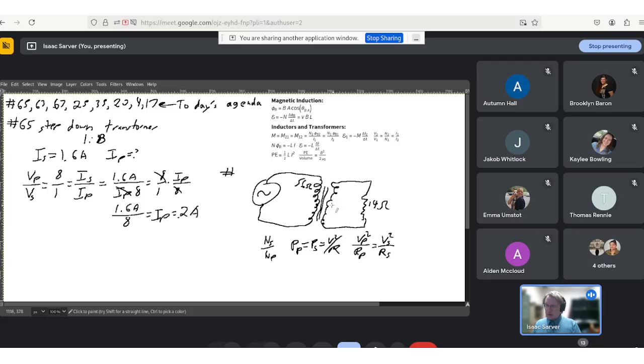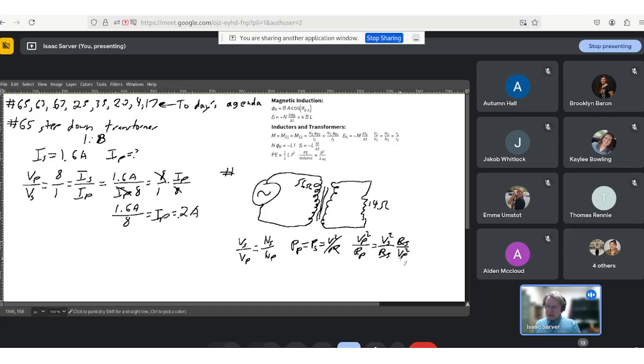Well, we know what these R's are, so now I can rearrange these to get this particular equation right here. So this will be equal to V secondary divided by V primary. Secondary is on top. I'm going to multiply by our secondary and divide by V primary squared.